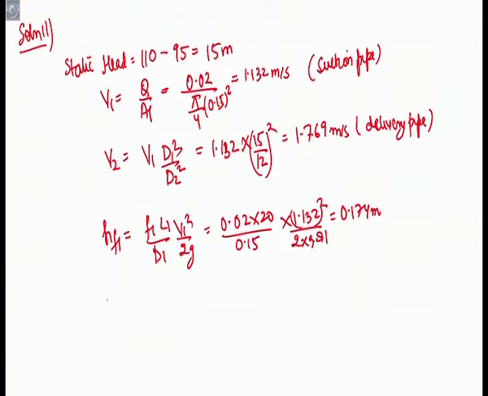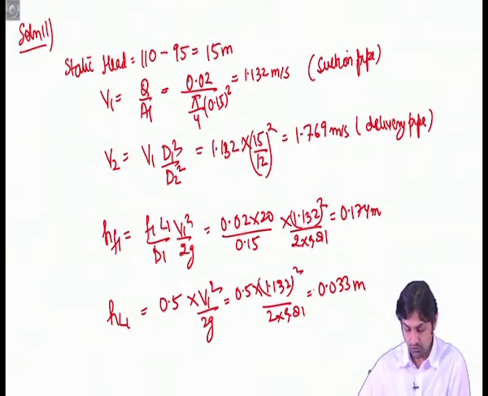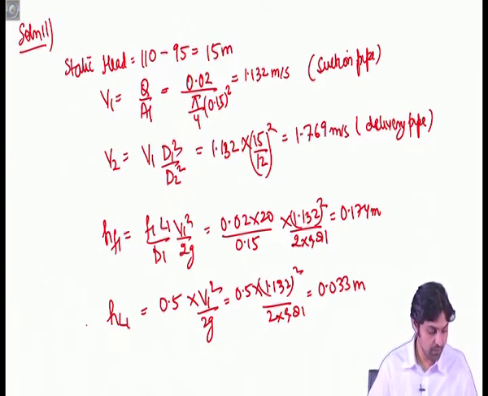There will also be an inlet loss, which is the minor loss, 0.5 into V1 square by 2G, so 0.5 into 1.132 whole squared by 2 into 9.81, which is 0.033 meter. So these were the losses in pipe 1.